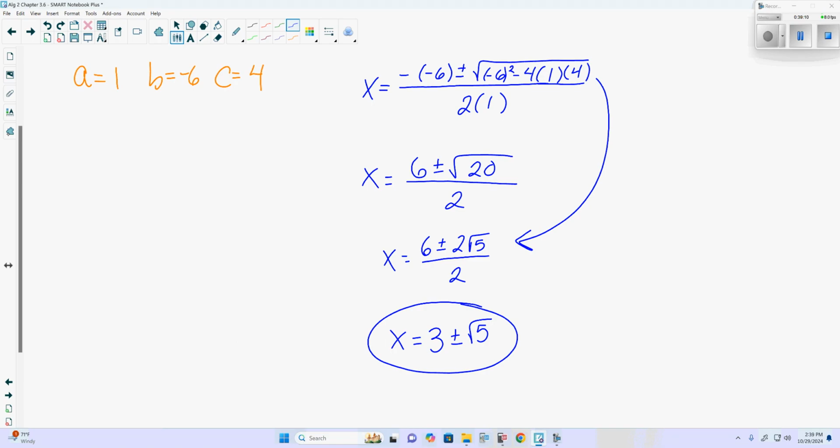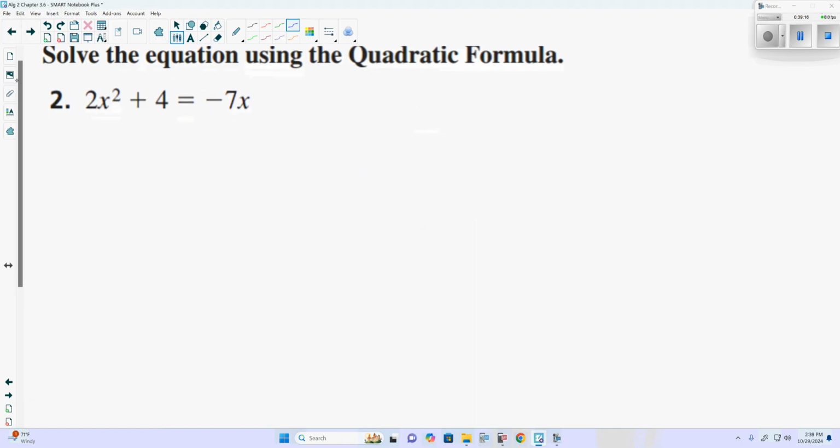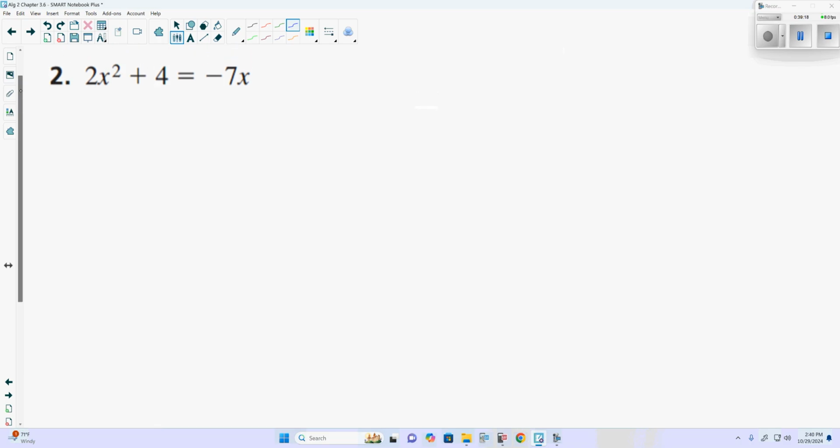Last one. We have one more and we're done. Two x squared plus 4 equals negative 7x. Just to solve this here, we need to get it equal to 0.